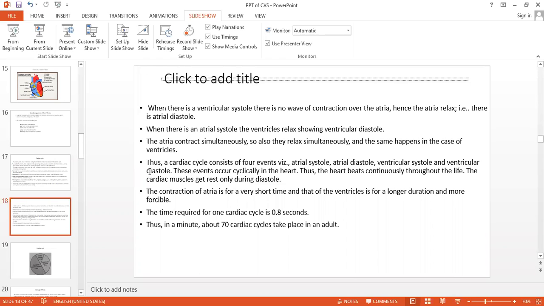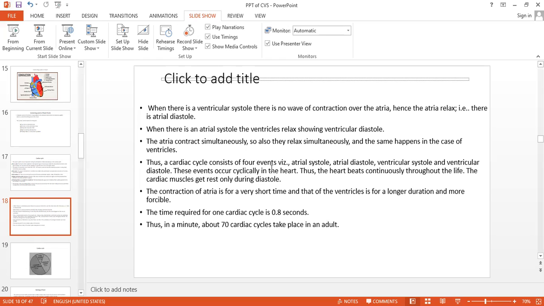That is, the atria contracts simultaneously, so also relax simultaneously. Contraction, relaxation, contraction, relaxation, lub dub, lub dub. And the same happens in the case of the ventricles. Means atrial systole and atrial diastole, ventricular systole and ventricular diastole.